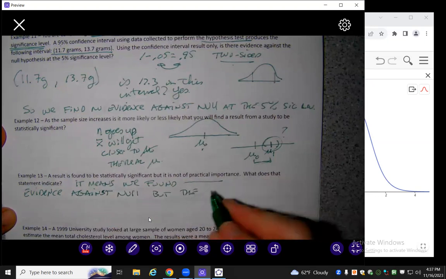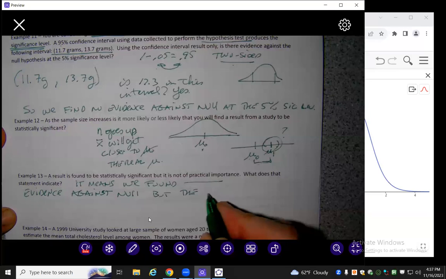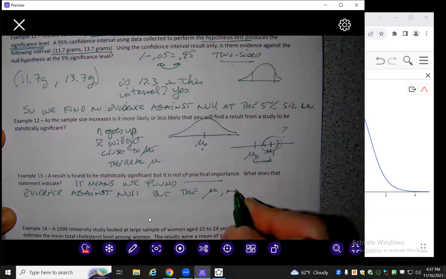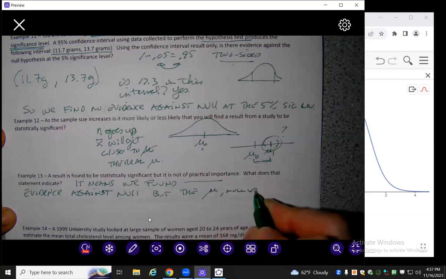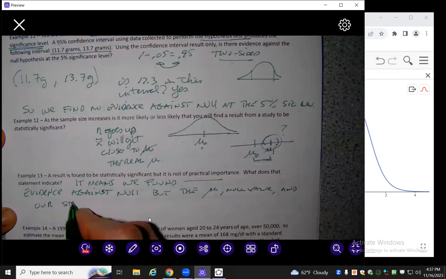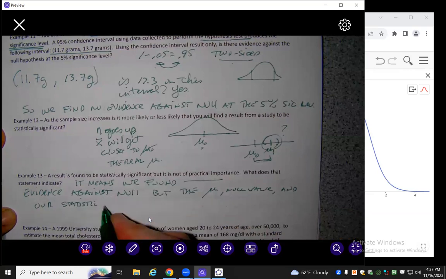This is not the only way, but I'm trying to make this as simple as possible and not introduce anything else that we know. But the difference between the null value and our statistic, let's say, for example, X bar.